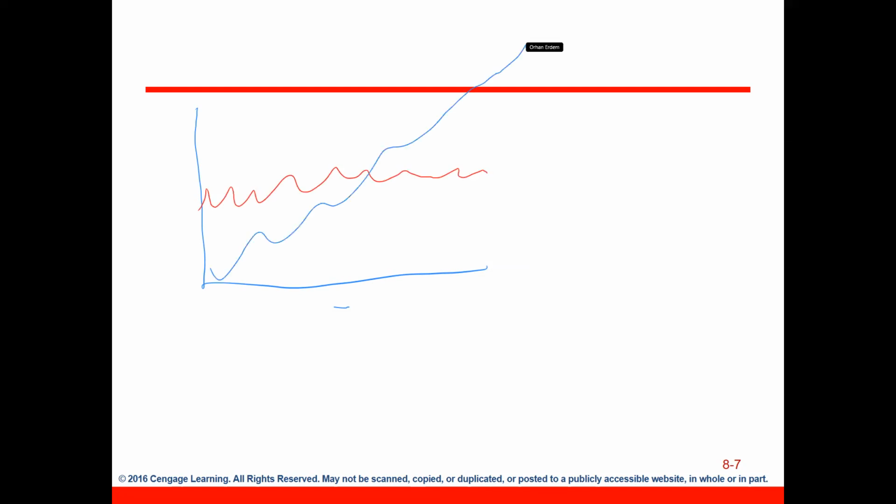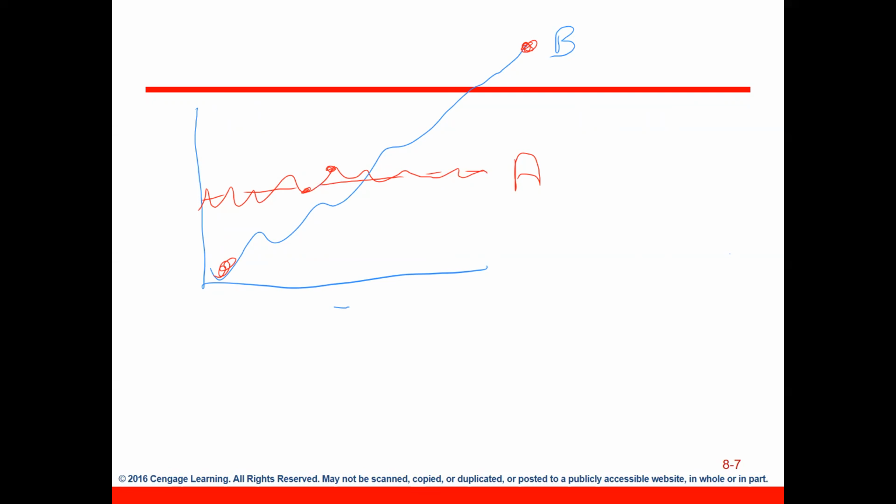A was the red line, and this was B. B deviates from the mean more than A does, so we call B risky, because you might end up somewhere here, or you might end up somewhere here. But A is more stable, so you can't end up too far from the mean. You either end up here or here, which is not too far.